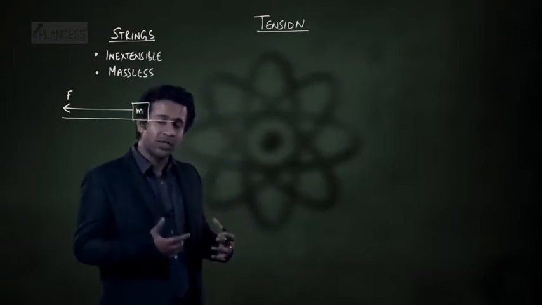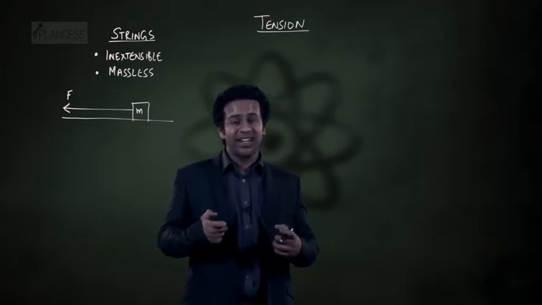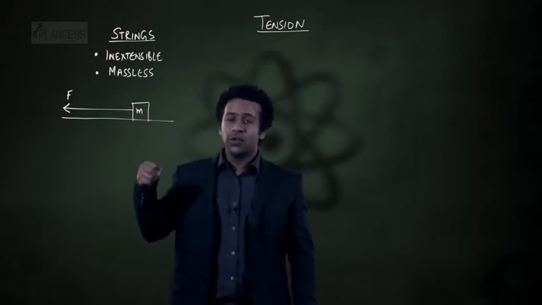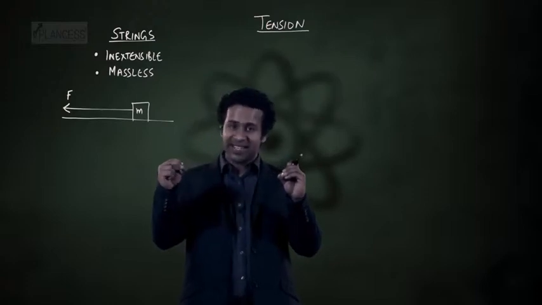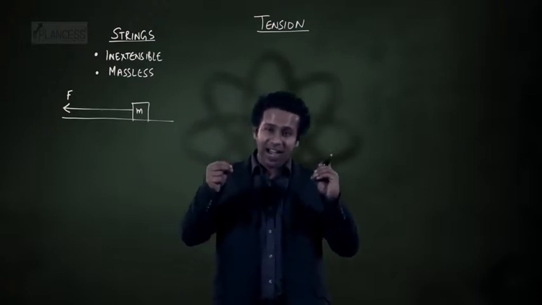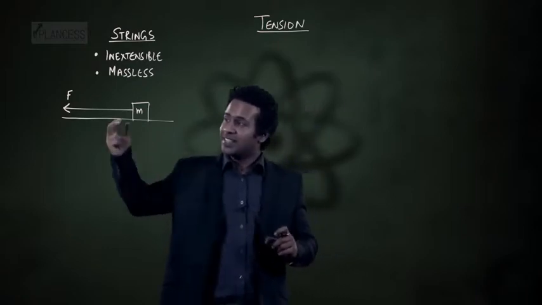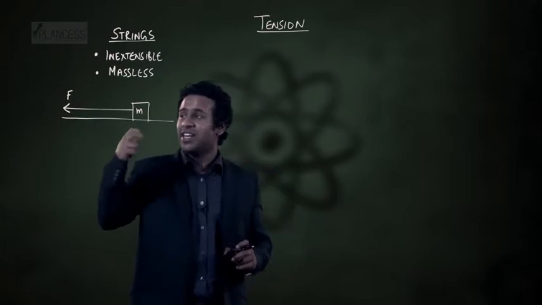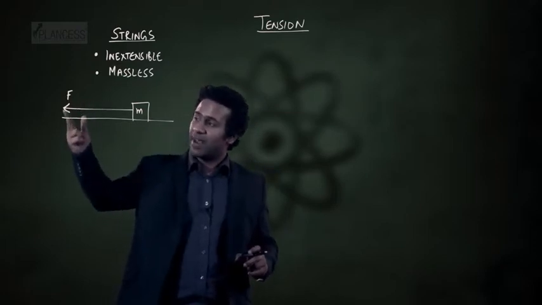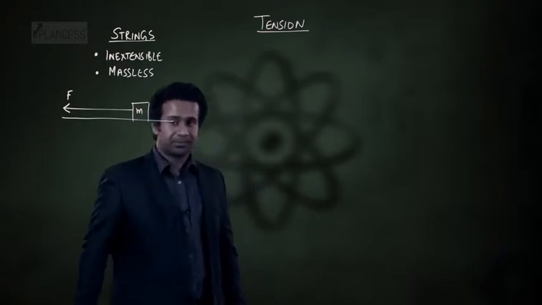So this force is transmitted through the string. And how does it get transmitted? Once you apply this force, this string has a tendency to get extended. So the entire string comes under tension. And this tension is transmitted to the other end, and hence the force F which you have applied at this end is applied at the block M.